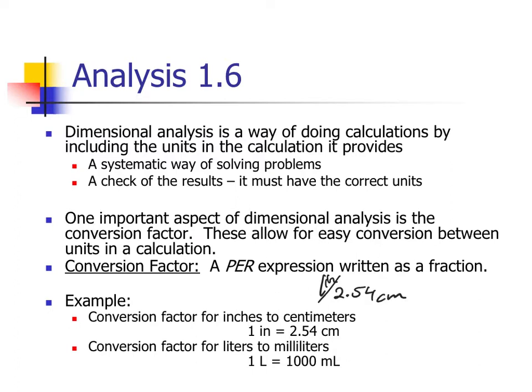That's not how I prefer. I prefer doing it a little bit neater, I think, as 1 inch equals 2.54 centimeters, written that way. I've even seen the railroad tracks method being used.